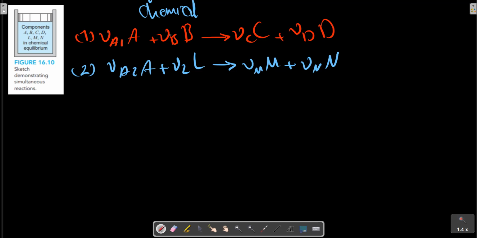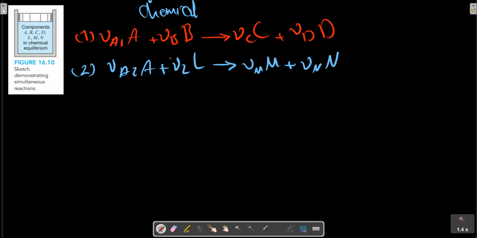We also realize that the coefficients ν_A1 and ν_A2 are not necessarily the same, since substance A does not in general take part in each of the reactions to the same extent. Development of the requirement for equilibrium is completely analogous to that of Section 16.4.